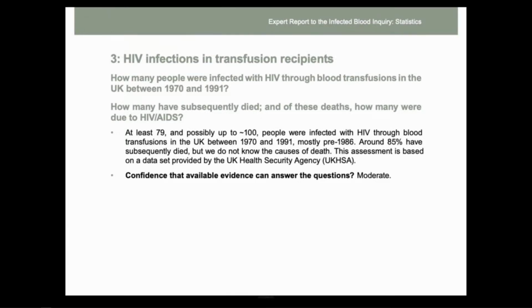But those who were HIV infected through transfusion will in general have been substantially older at the time of their infection than those who were persons with bleeding disorders. And so that influences the underlying force of mortality, as indeed does the fact that they are transfusion recipients.